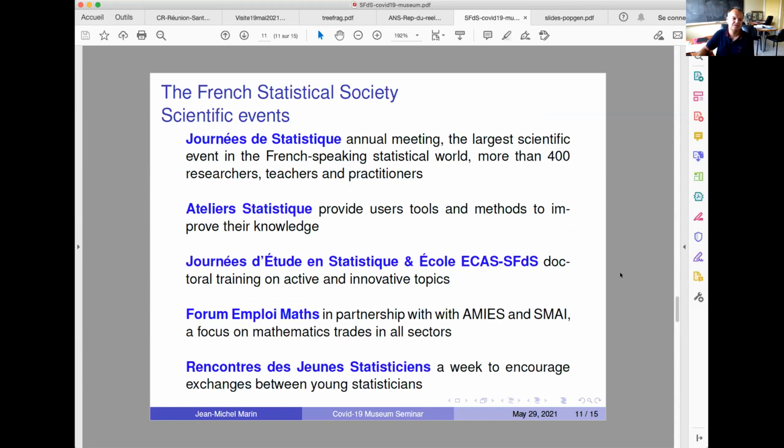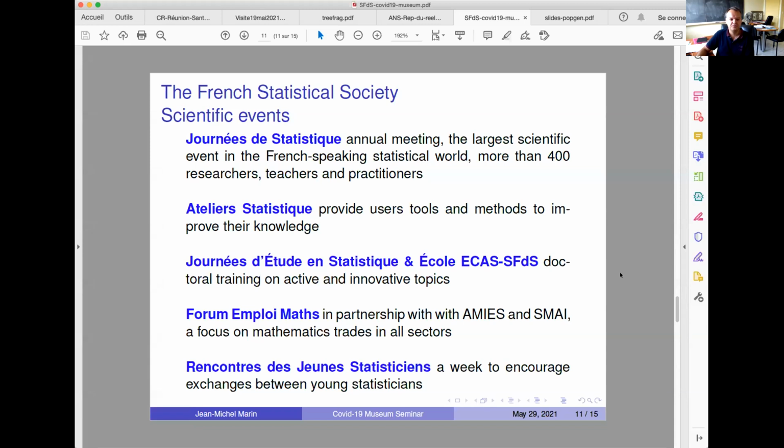The French Statistical Society also organizes a lot of scientific events. The main one is Journées de Statistique, an annual meeting. It's the largest scientific event of the French-speaking statistical world, with more than 400 researchers, teachers, and practitioners. We also have some doctoral training.